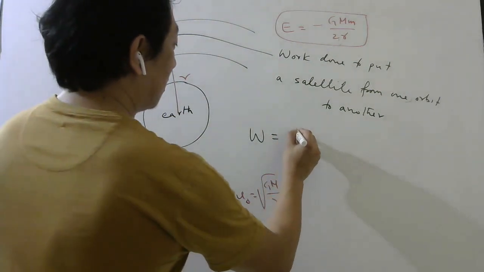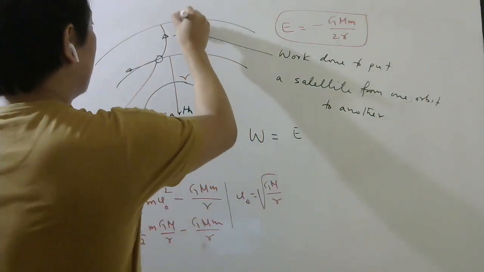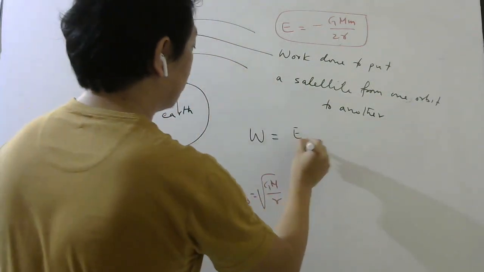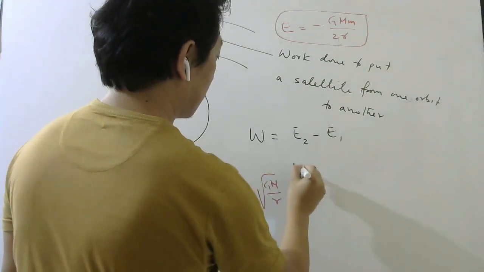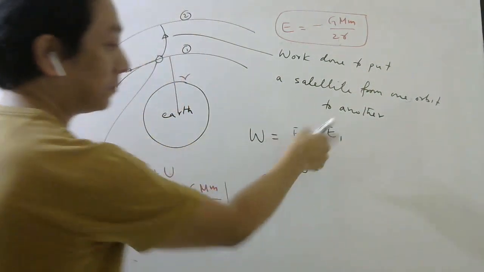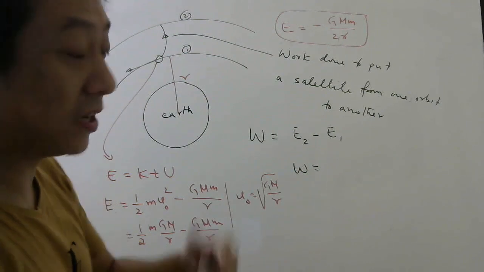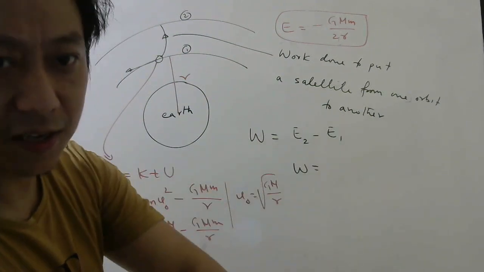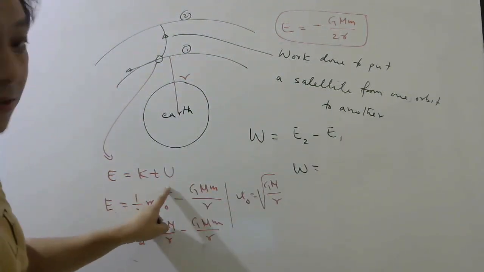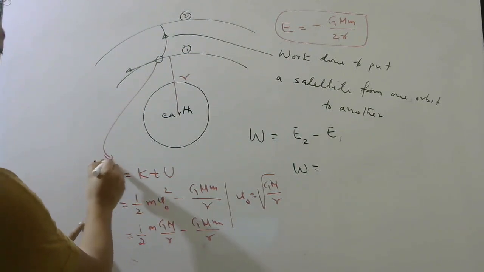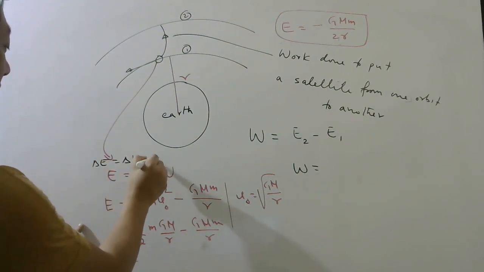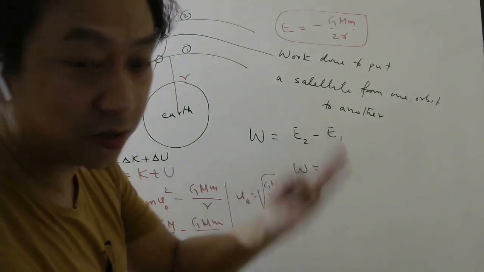So this will be your energy in the higher orbit to lower orbit. This is basically your delta E, which is delta K plus delta U, because E is K plus U. Because here both are changing.